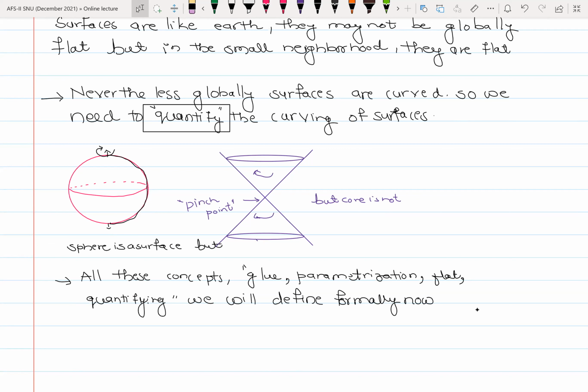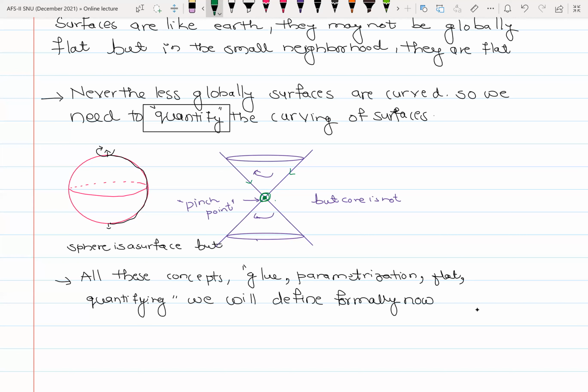For instance, if you take this sphere, this curvature is okay for us. But suppose I take this line and I curve it, and then look at here, what is happening is this circle is pinched into a point. Such a thing is not a surface.